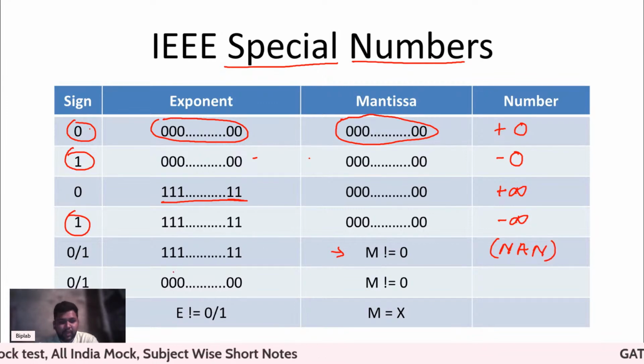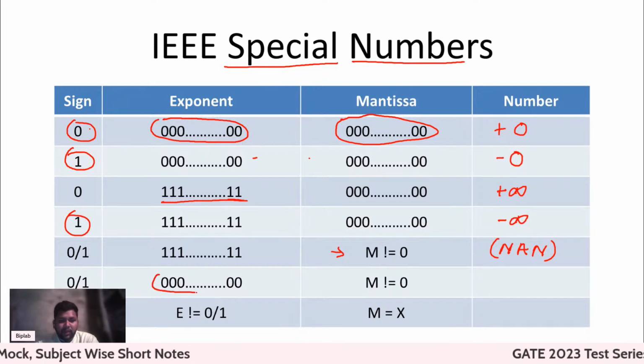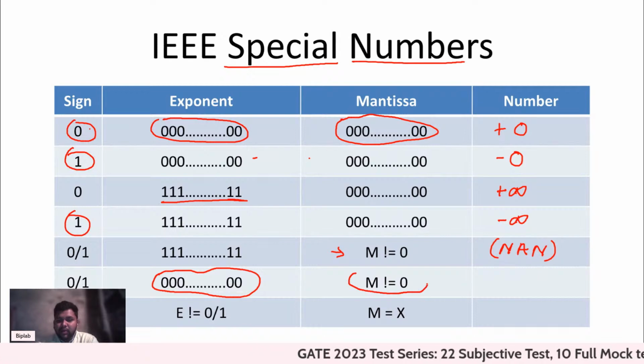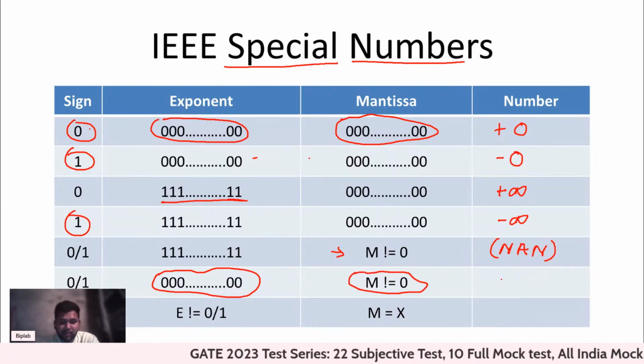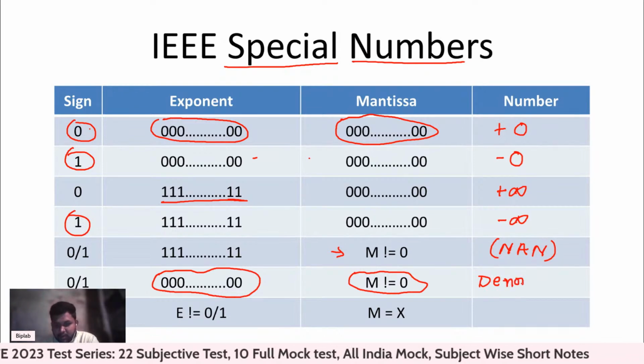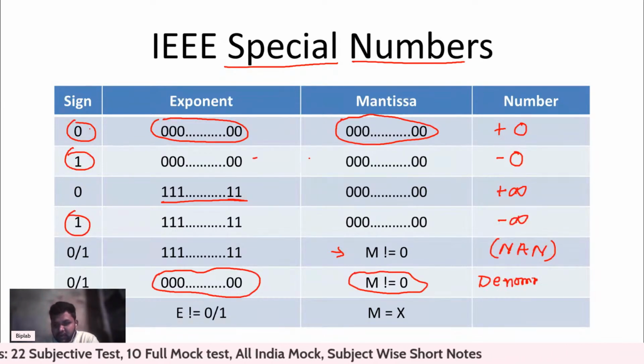When the exponent is all 0s and the mantissa is not equal to 0, it is called a denormalized number. We will see what a denormalized number is in detail.